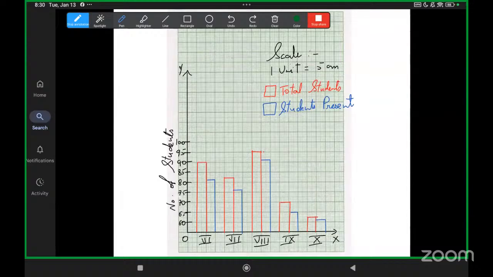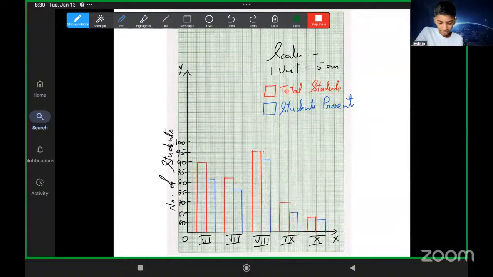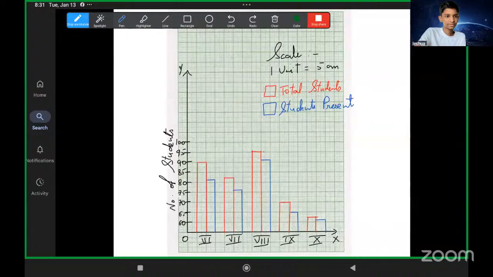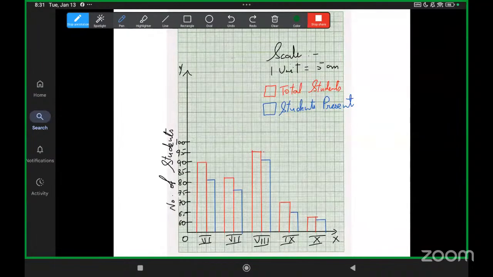Okay, send me a photo. Joshua, can I see yours? I'm still doing it, ma'am. How much is left, Joshua? It'll take some time, ma'am. I just added the scale. You just added the scale.